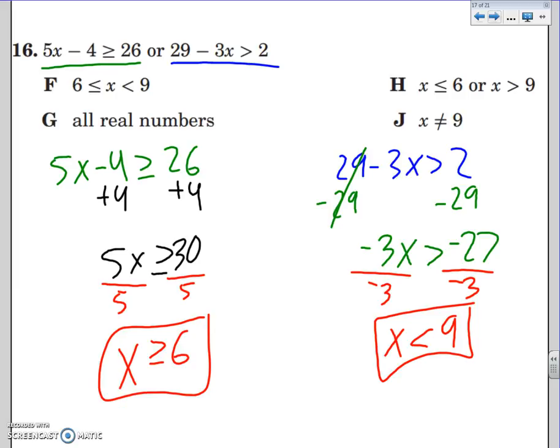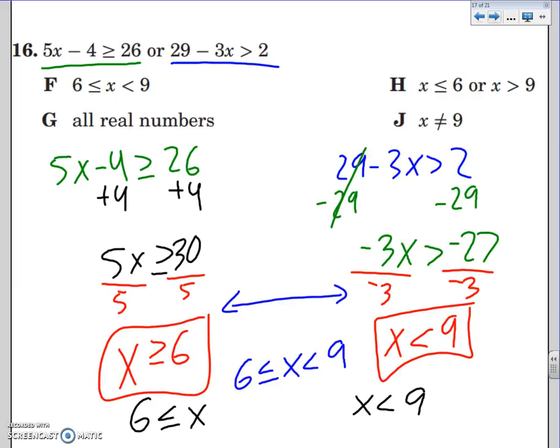If I graph this, let's see. I'm going to flip this and make it easier for y'all to see. Really, 6 is smaller than or equal to X, and I also have X smaller than 9. As you can see, X is between 6 and 9. So my answer will actually be this thing, 6, X, 9. Well, if you graph it, you'll see that we really just did the middle part.